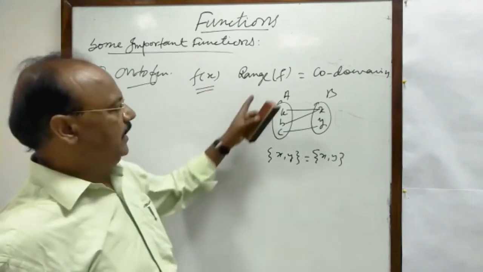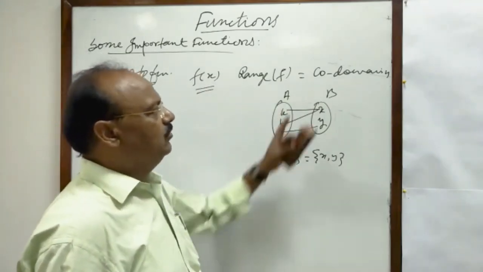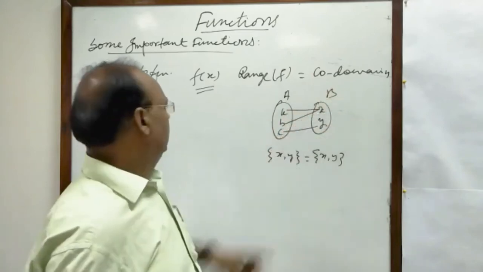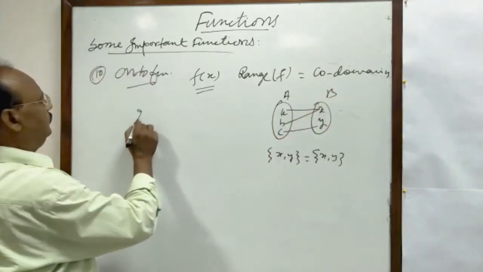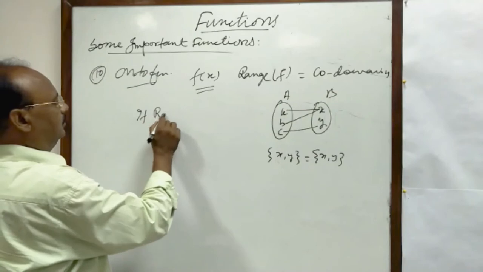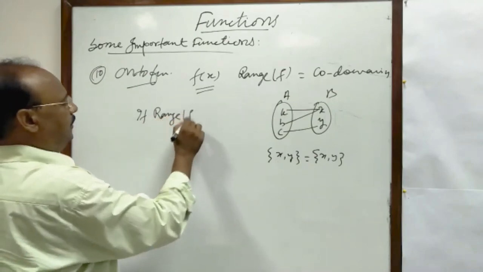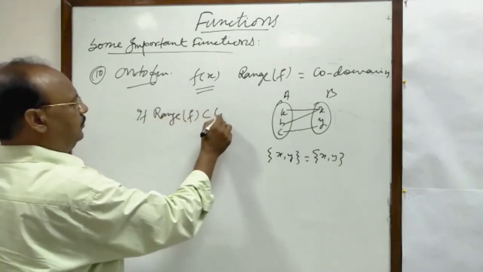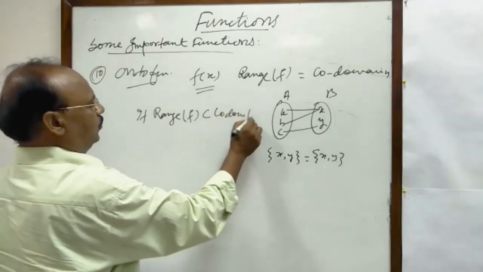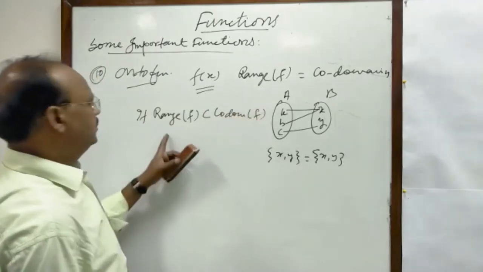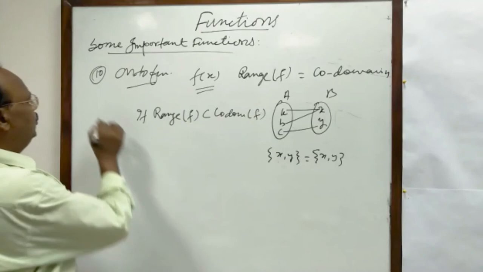And if the range of f is not equal to the codomain, if the range of f is a subset of the codomain of f, then this function is known as an into function.